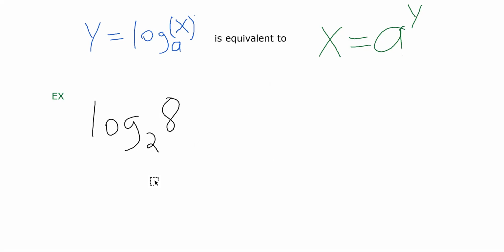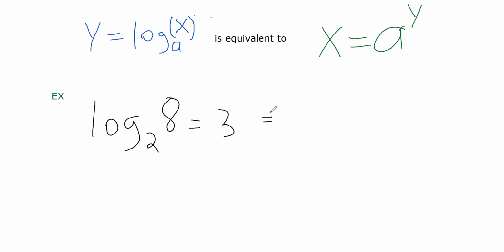What I'm asking is: 2 raised to what power gives me 8? The answer to this logarithm is going to be the exponent required to raise 2 by in order to produce an 8. Well, you can probably see that that's going to have to be 3. And that's exactly right, because 2 to the third power, 2 times 2 times 2, is 8.